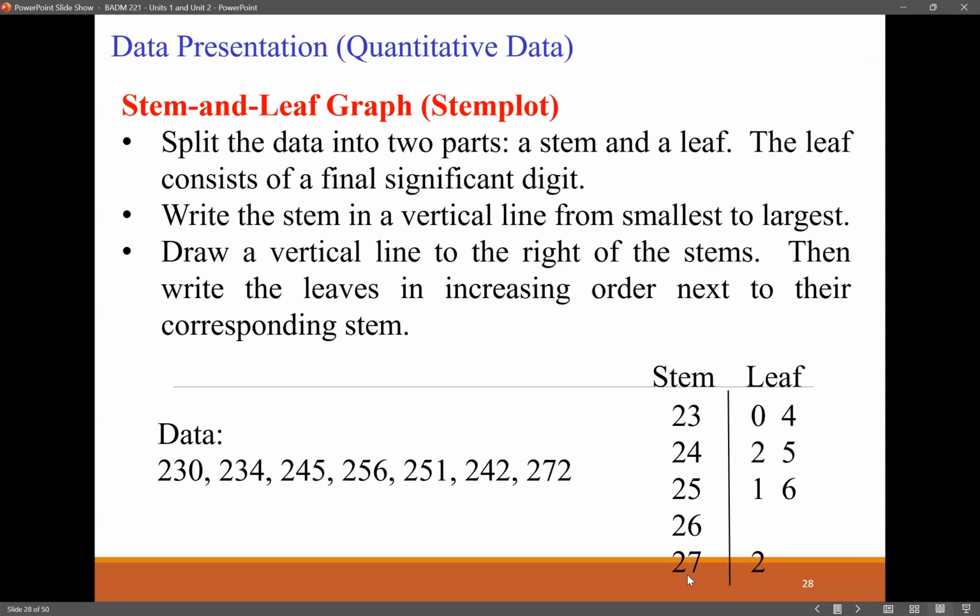So you have the stem as this. For 23 you have two last numbers, 0 and 4, so you write the leaf as 0 and 4. Then 24 has two leaves, 5 and 2, so 2 and 5. Then 25 has two leaves, 6 and 1, so 1 and 6, and 27 has 2. There is no leaf for 26, so you can leave it blank.